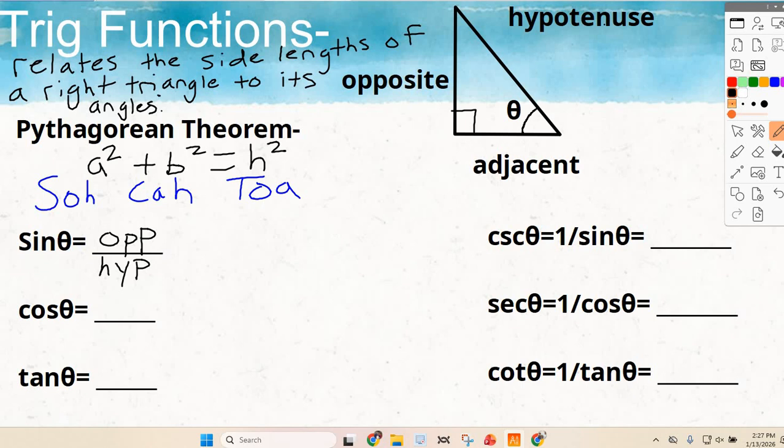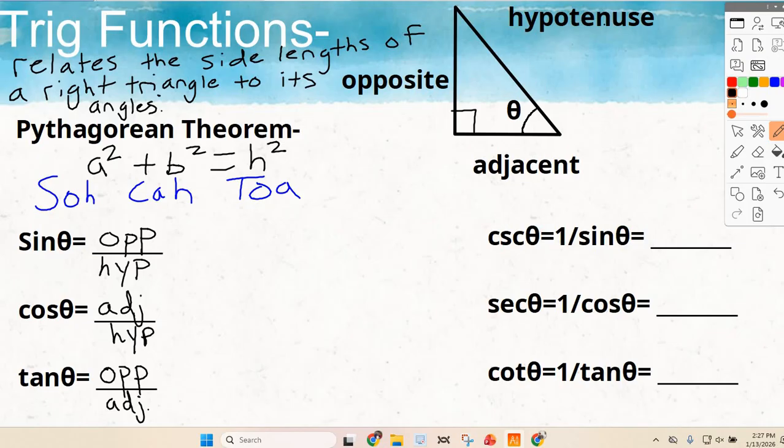Cosine is adjacent over hypotenuse. And again, these are referring back to the side lengths of a triangle. And then tangent is opposite over adjacent. Agreed. You do need to have those memorized if you do not already, but most of us should have seen those in our geometry classes.